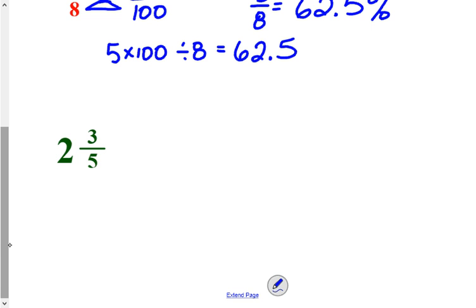And last but not least, 2 and 3/5. So for this one, as a percentage, we have to recognize, first of all, that one whole is 100%. Think about this as like one whole circle. One whole circle is 100%. So 2 wholes would be 200%.